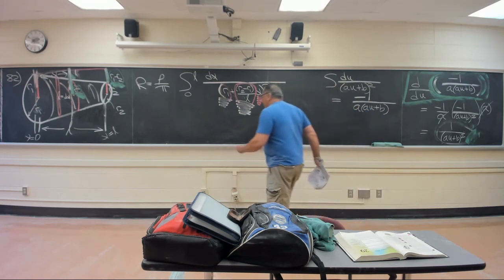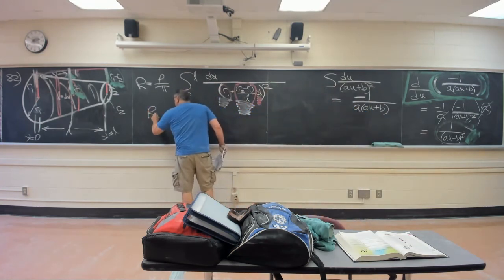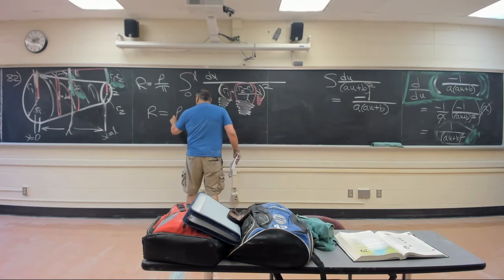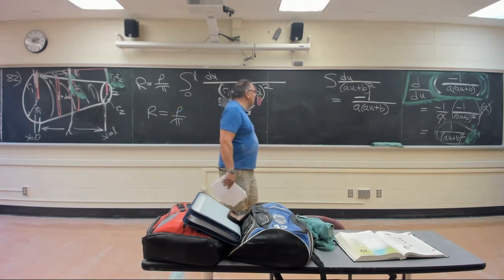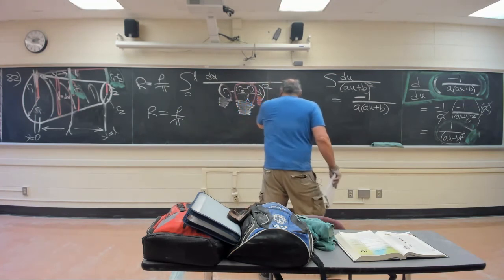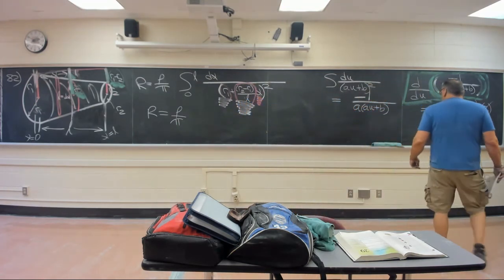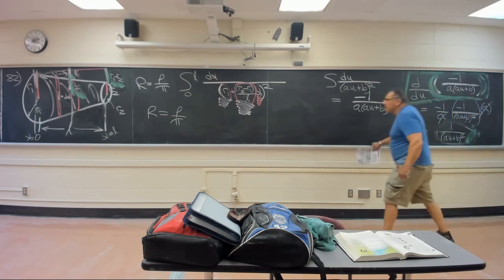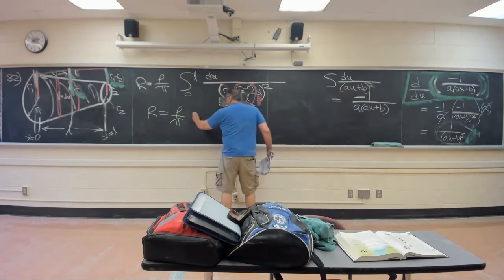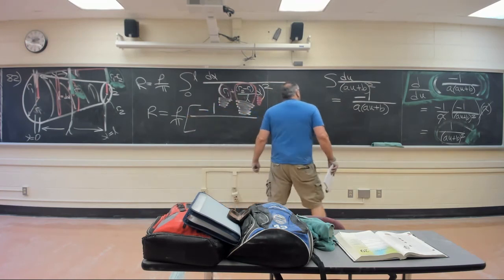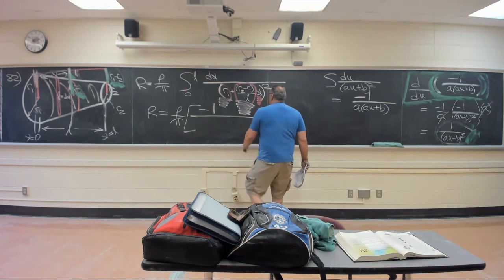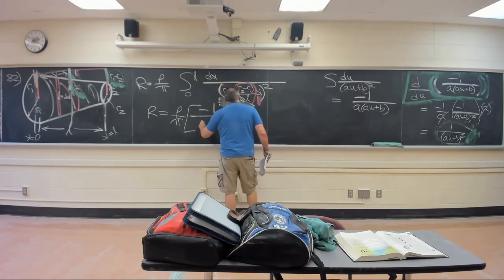This is our rho over pi, and we said it was negative 1 over A. Now, what did we say A was? We said A was this, which, by the way, is also negative.